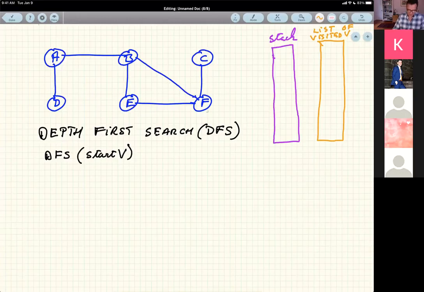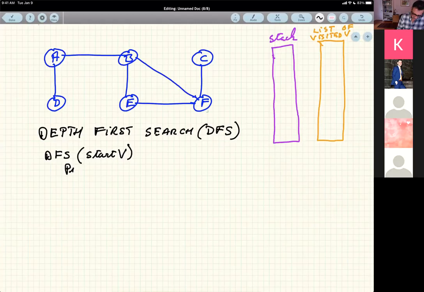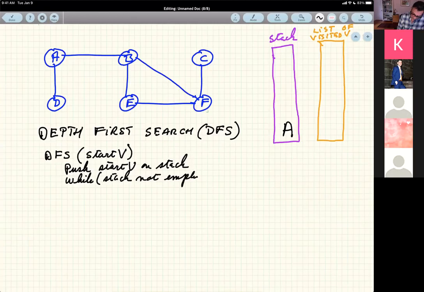Okay. And the first thing that we do in our algorithm here is push start V on stack. So A goes on the stack. Okay. And now I'm going to ask the question while stack not empty, do the following.